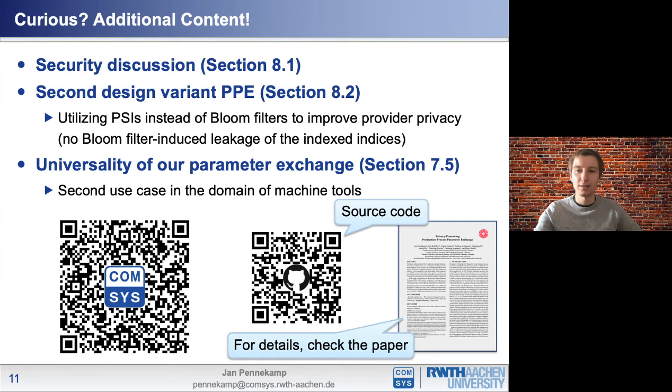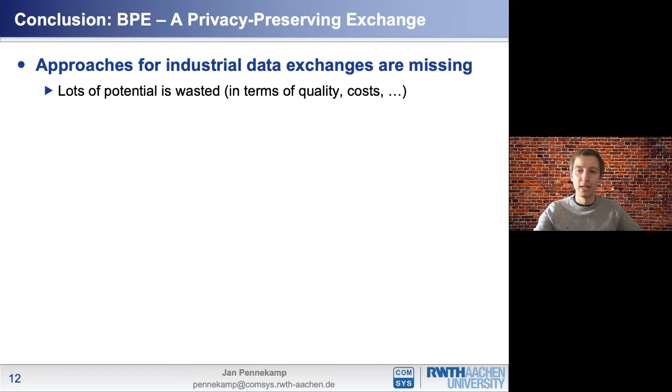If you're curious and would like to know more, we have, among other things, a security discussion, a second design variant utilizing private set intersection, and a second use case in the paper. Now, to conclude this presentation, we've seen that approaches for industrial data exchanges are currently missing, and because this information is only locally available, a lot of potential is wasted.